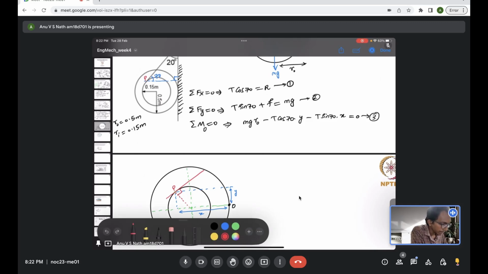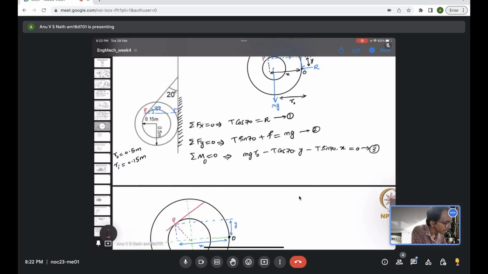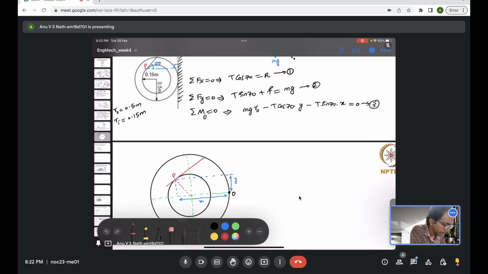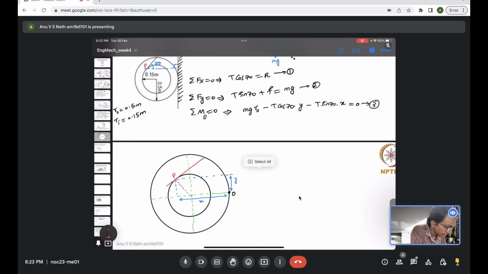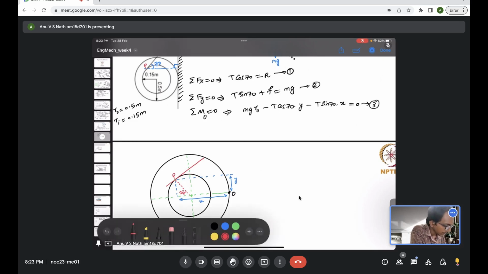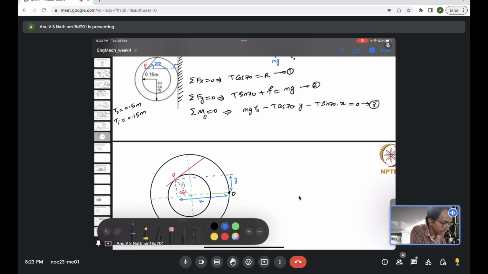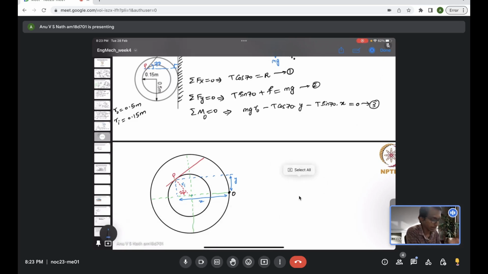So if that is 90 degree, and with the horizontal the string is making 70 degree, and the total angle is 90 degree, this angle should be 20 degree, and that would mean this angle is also 20 degree. So let me write that along. This angle should be 20 degree, and this is actually R inner, the radius of the inner circle. From P to the point in the center, the length is R inner.